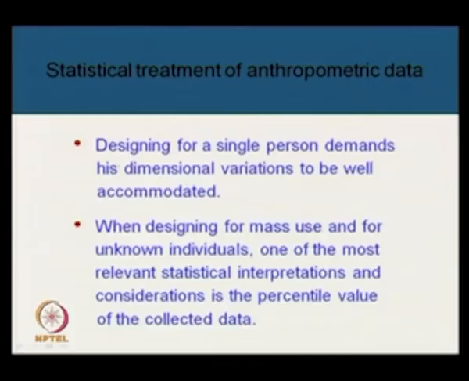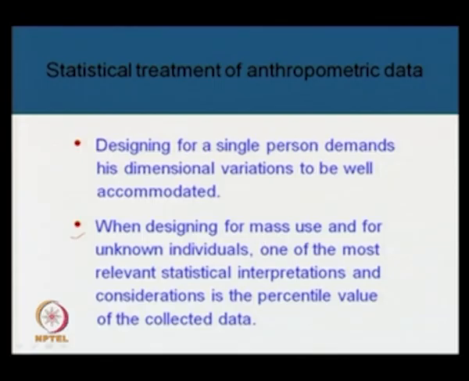Designing for a single person demands that his dimensional variations be well accommodated in the design.